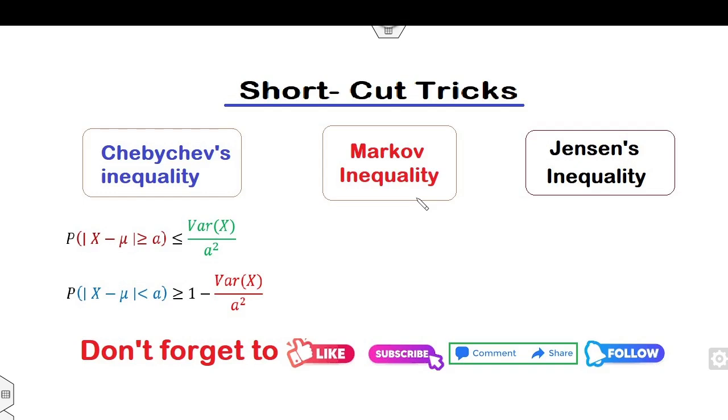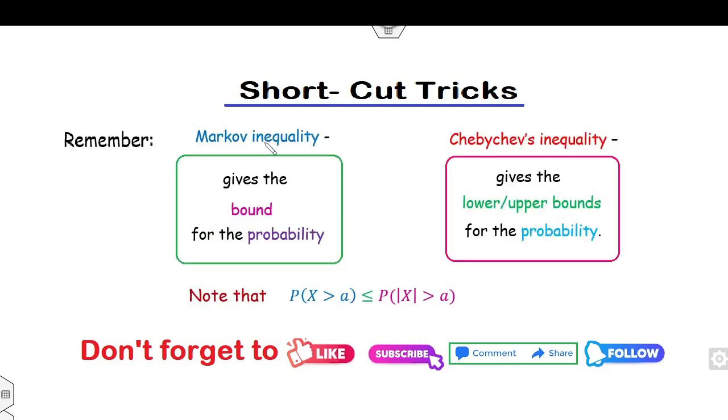And the result we use for Chebyshev's inequality is here. Another thing: whenever you see the modulus sign, always apply Chebyshev's inequality if the variance is known to you. As I told you, Markov's inequality gives the bound for the probability, while Chebyshev's inequality gives the lower and upper bounds for the probability.